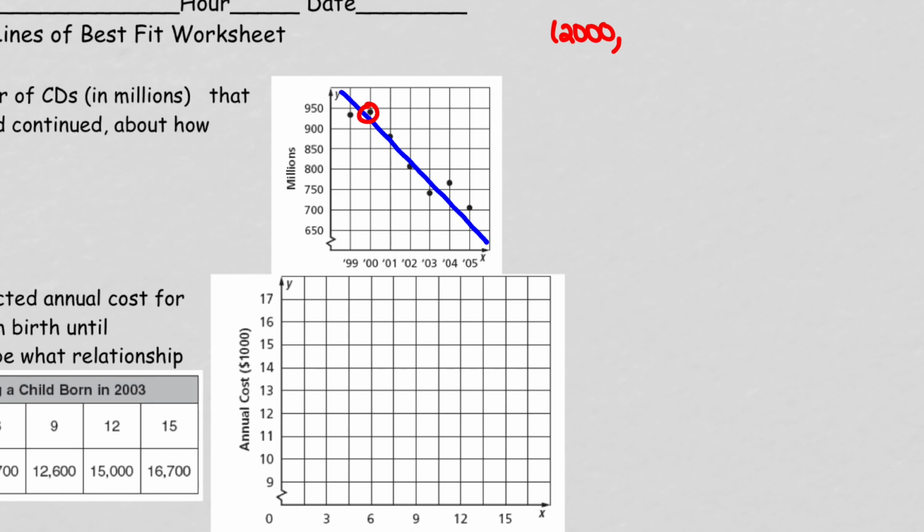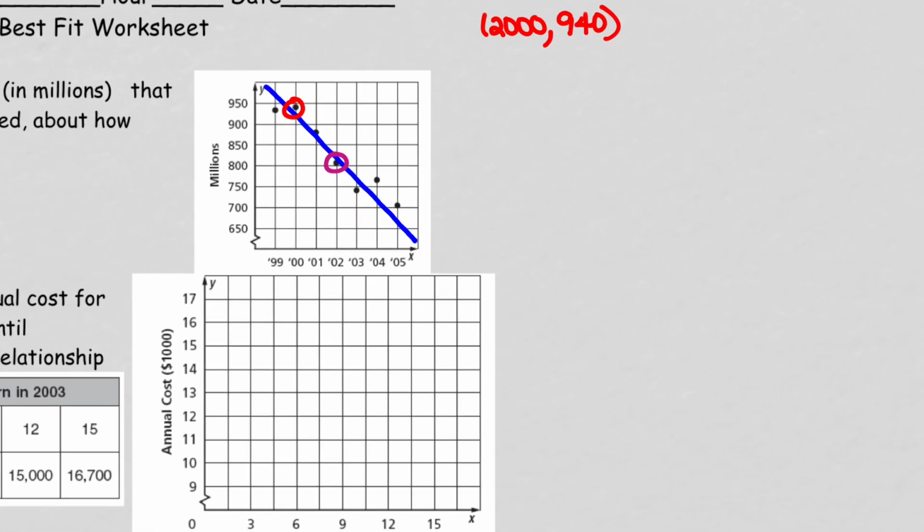It's almost 950. To make it easy, let's say it's 940 there. And then another point, let's choose this one. That would be the year 2002, and we'll say that point is 810. We'll just get as close as we can there. And I'm going to find a line of fit between these points.